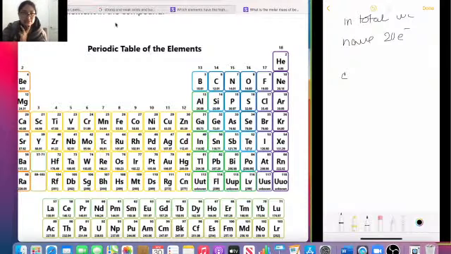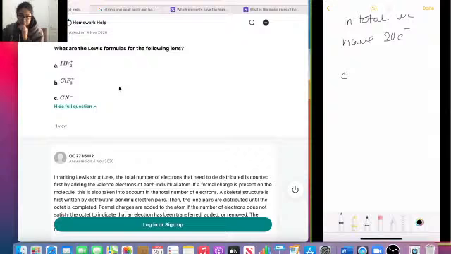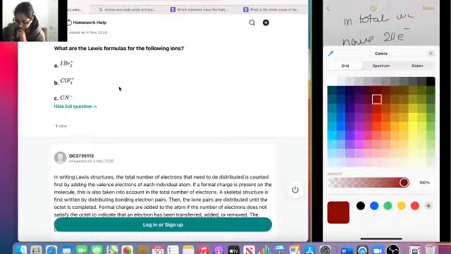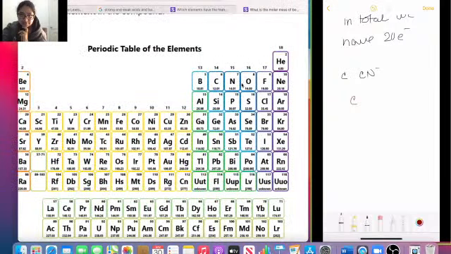this is cyanide, CN negative, okay? And so the same thing goes for cyanide. So let's look at the valence electrons for each of the atoms here. Carbon, if you look at our periodic table here, has 4 valence electrons, right?